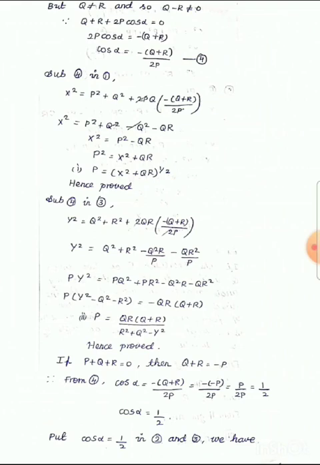But here Q and R are not equal, so Q minus R is not equal to 0. So from the previous equation, 0 is equal to (Q minus R) into this term, and since Q minus R is not equal to 0, obviously the second term Q plus R plus 2P cos alpha is equal to 0.